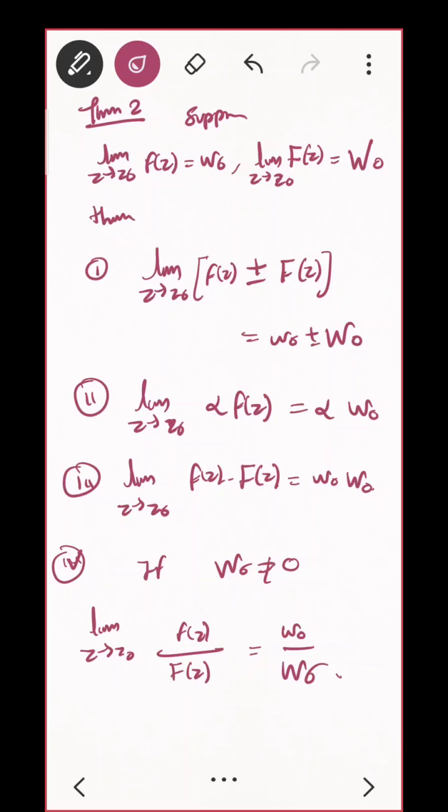Yes, how will you do the product? How will you prove the product? You will see, if you take the product of two complex numbers, it is again addition only, addition of two functions.